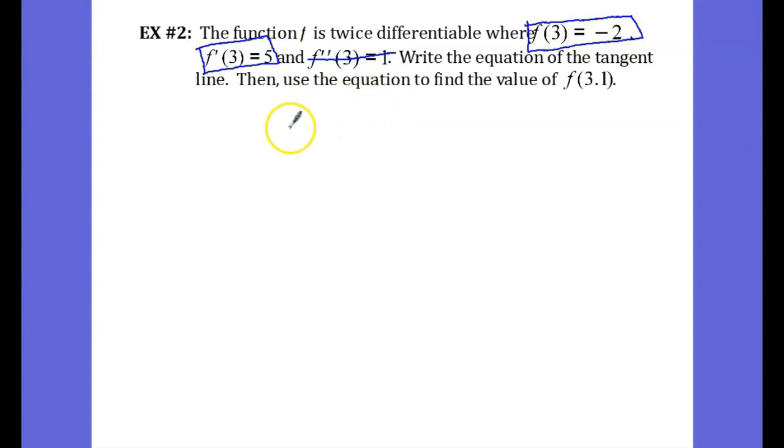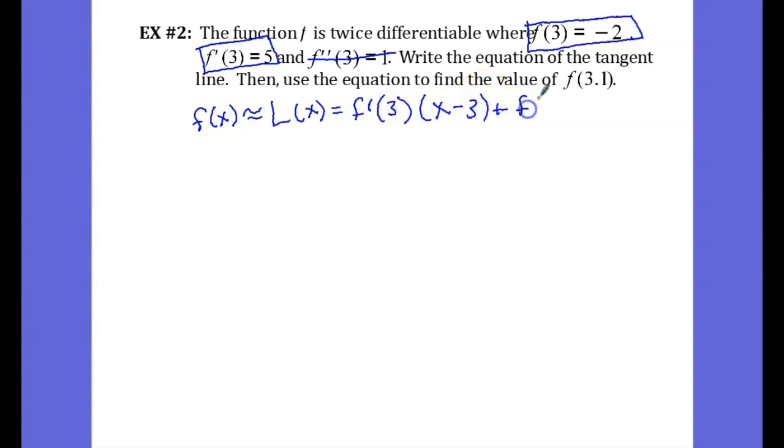That's just extra information. So let's start by writing f of x is approximately L of x, which is equal to f prime of 3 times x minus 3 plus f of 3.